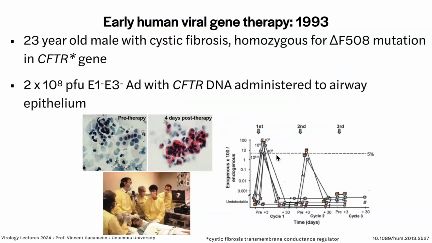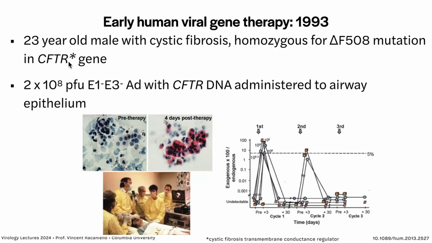So let's look now at some examples of gene therapy over the years. This is one of the first human viral gene therapy trials, 1993. A male with cystic fibrosis. This is a disease where you have mutations in the cystic fibrosis transporter gene, which predisposes you to severe lung infections.